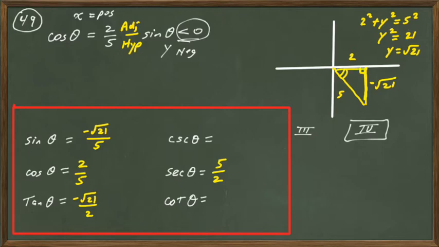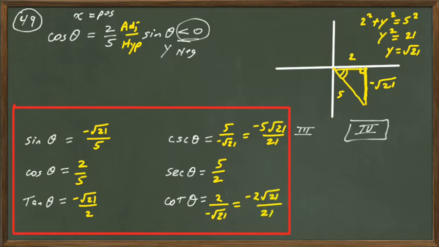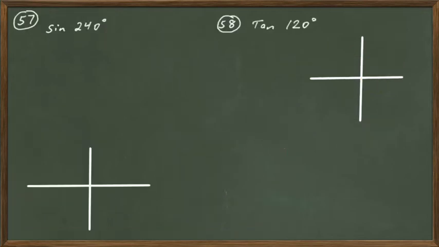Now when you do the reciprocal, you get 5 over negative radical 21. When you rationalize it, you'll get this. When you flip this over, you'd have a 2 over a negative radical 21, which when you rationalize it, I hope becomes these. Anyway, we'll have all of our trig values.